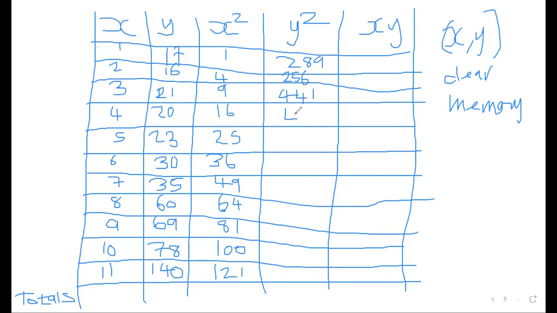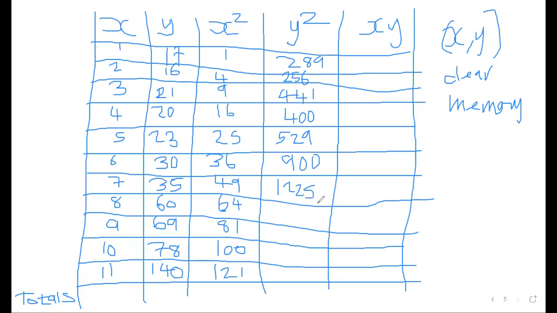Then this is 400. 23 square is 529. This is 900. 35 square, 1225.